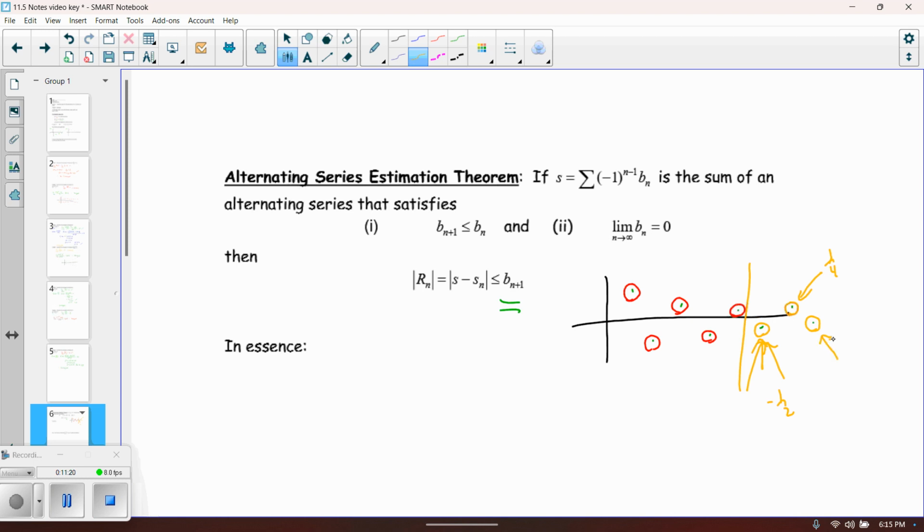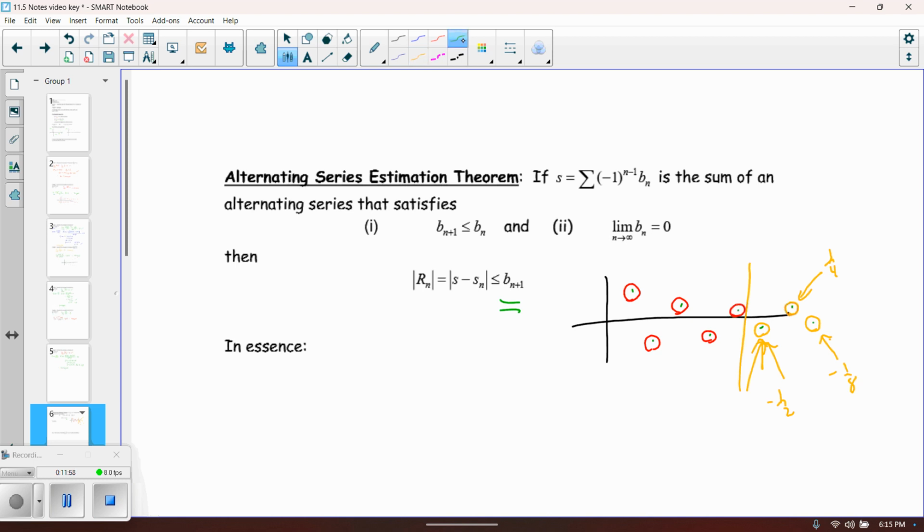And then maybe this one right here is -1/8. If I start adding these terms together, every time I add another term, it gets closer and closer to 0. You can check that out if you want to. Take -1/2, add +1/4, you get -1/4. That's smaller than -1/2 as far as its absolute value. Then if you add a -1/8 to that, it's going to keep decreasing in value. So the biggest possible error is the next term in the series.